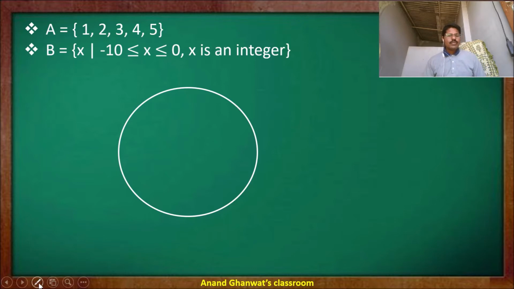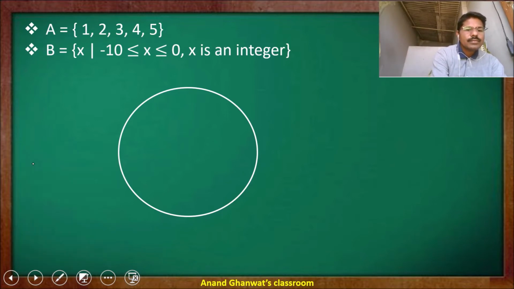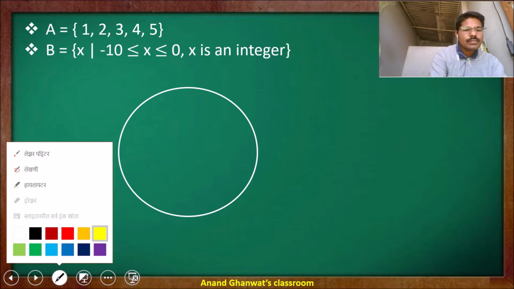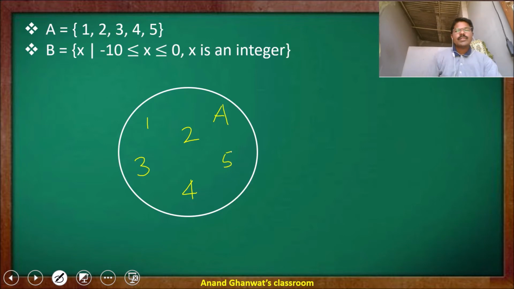So we will use a circle, which is a closed figure, to show set A. Now give the name of set A. Set A contains 1, 2, 3, 4, 5. So in this way we have represented set A.